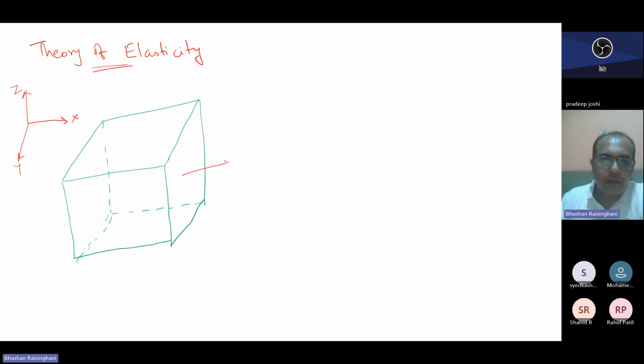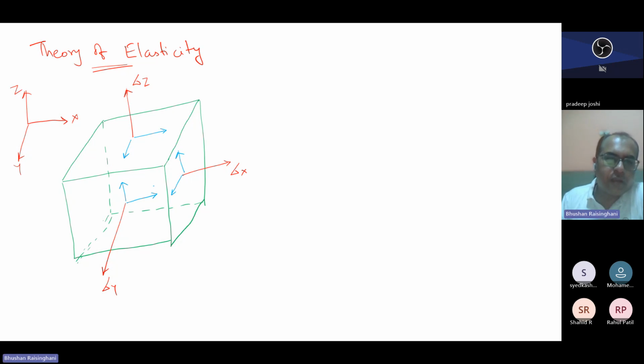So this will be sigma X, this is sigma Y, and this would be sigma Z. Now what are these stresses called? Can anybody tell? Principal stresses. Yeah, so these are the principal stresses along the X, Y, and Z direction.